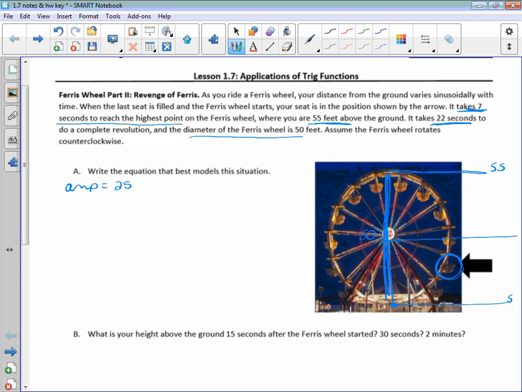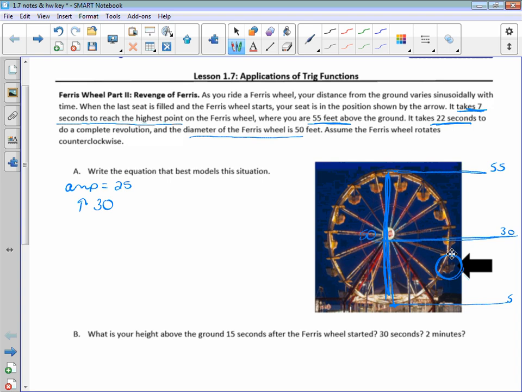So where does that put your midline? At 30, right? Everybody see that's halfway in between 5 and 55? Or you've added 25 or subtracted? So if the midline is at 30, that means we have shifted up 30. You with me?